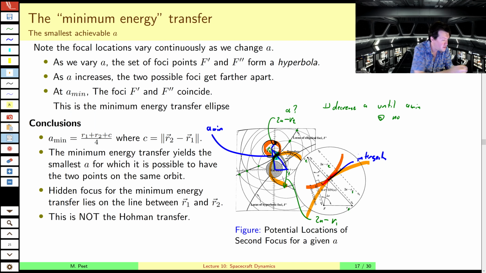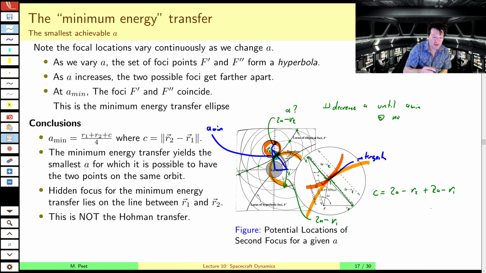Right. So this is 2a minus R1, and this is 2a minus R2. So the chord between those two points on that triangle that we talked about earlier must be the sum of those two numbers, 2a minus R2 plus 2a minus R1.